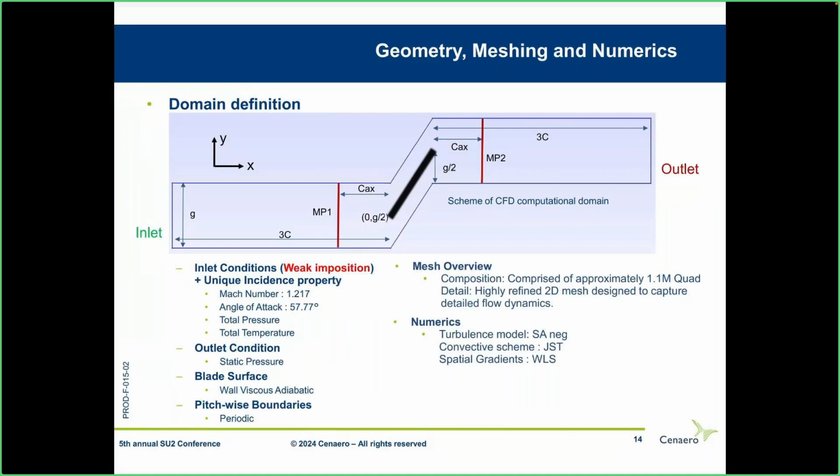So we have the supersonic inlet for which we have a given Mach number and a given angle of attack, and we set total pressure and total temperature.